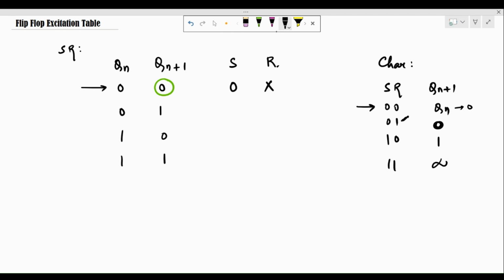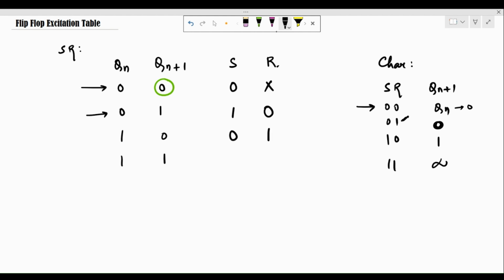Applying the same logic for 0, 1: the next state can be high provided the set input is high. So only when S is high and the reset is low can this kind of a possibility occur. If the present state is 1 and the next state is 0, this means that the flip flop has been reset.